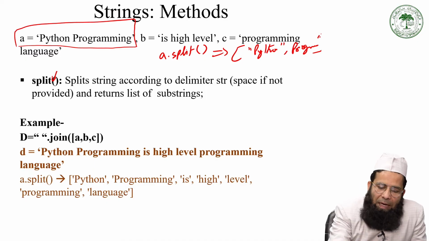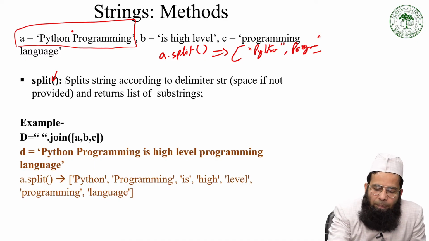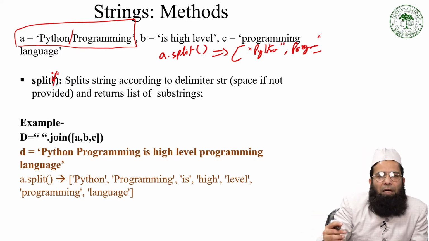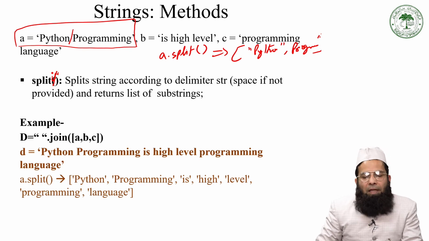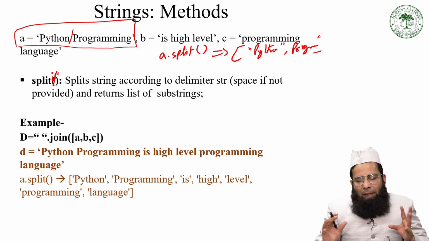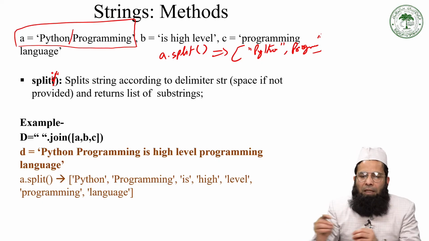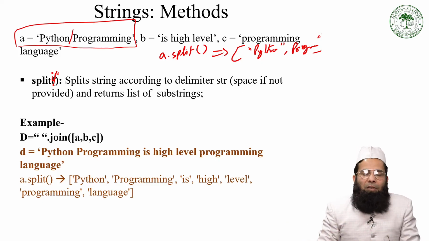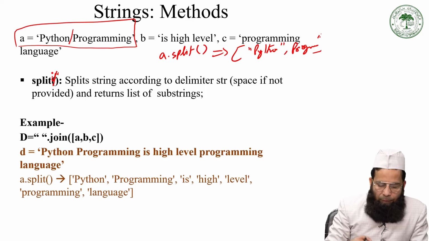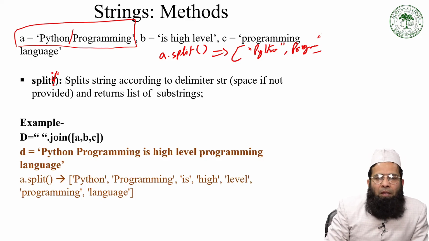Suppose I know that strings are separated with slash, so I would give slash here to split this string into different words. Depending on how individual words are separated, the split method would split the whole string into different words.